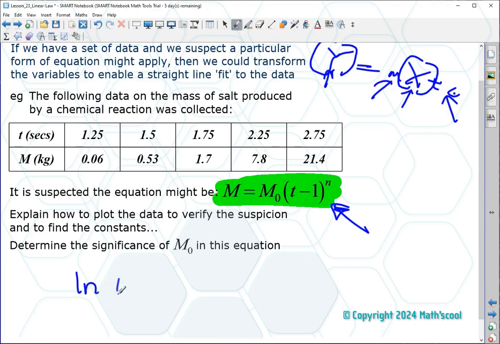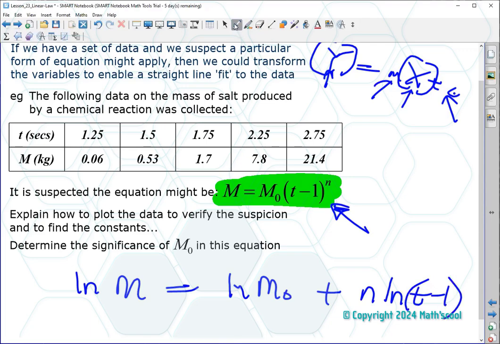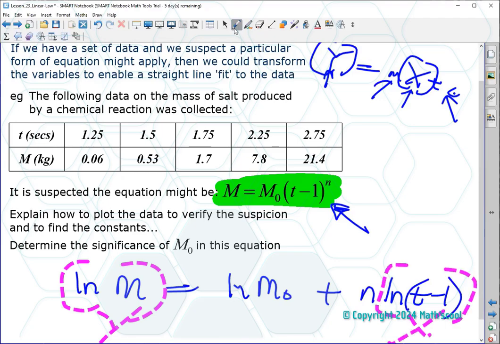That's going to be ln m equals ln m naught plus n ln(t minus 1). And it's already immediately ready for boxing. There's going to be my y, and there's going to be my x, and then this is going to be my m, and that's going to be my plus c.